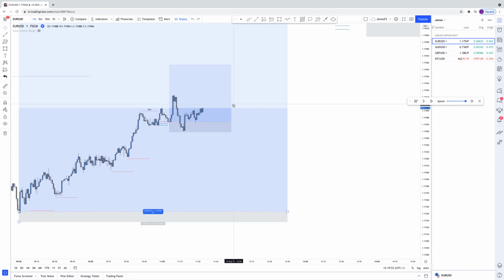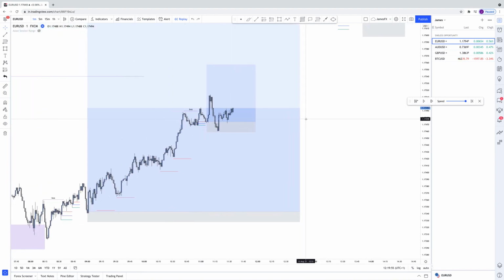Okay, but if we go back to the first entry, once we broke structure here, I would be managing at the low, just below it, and I would have been taken out.